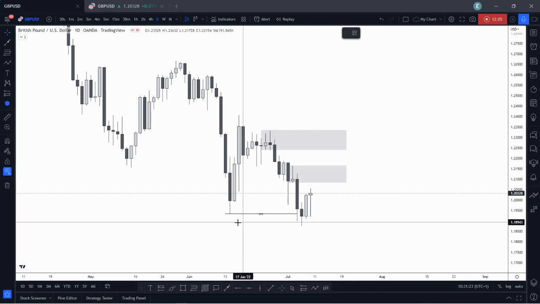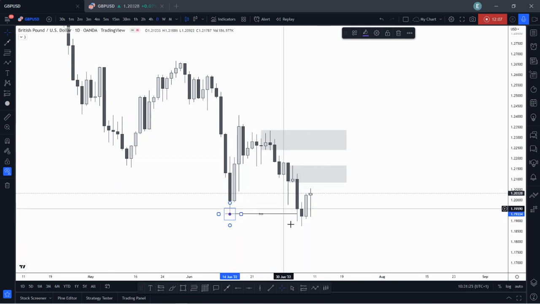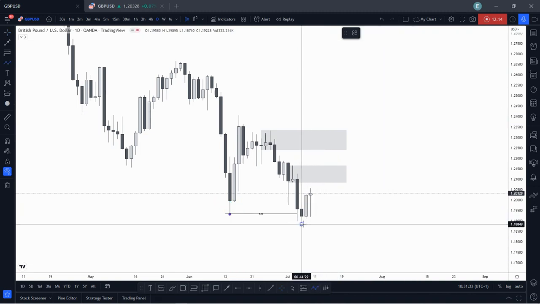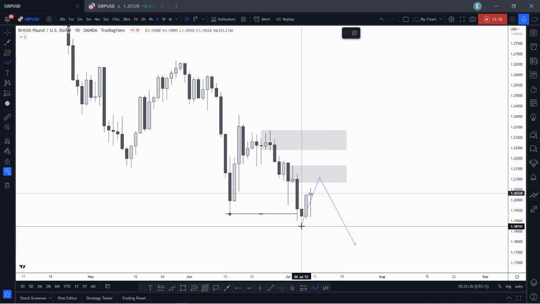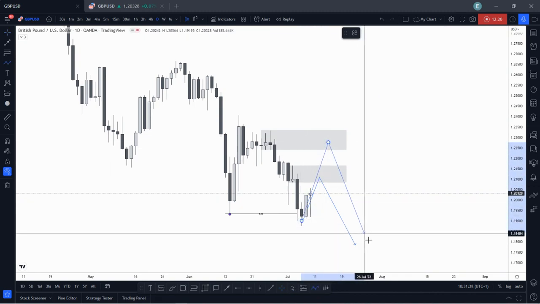And as you can see on the daily time frame, we broke this low, and as we broke this low, we identified our order block, waiting for the market to come back into it and give us probably a reaction. It could come into either order block and give us a reaction.